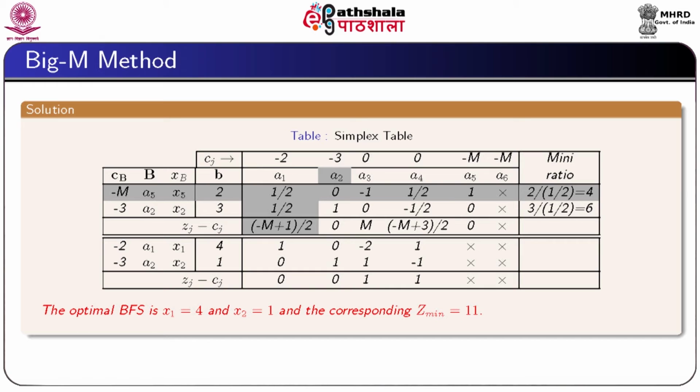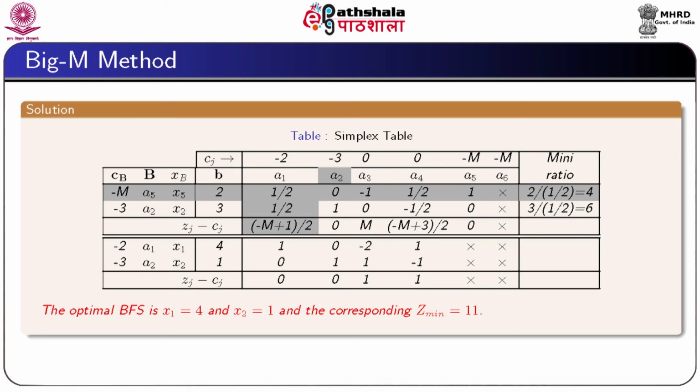In the next iteration, Z1 minus C1 is most negative. Therefore, A1 will be the entering vector, and from the minimum ratio A5 is the outgoing vector. Here the computation for the column vector A6 is left out, because when an artificial variable leaves the basis, there is no chance that it will enter the basis again.